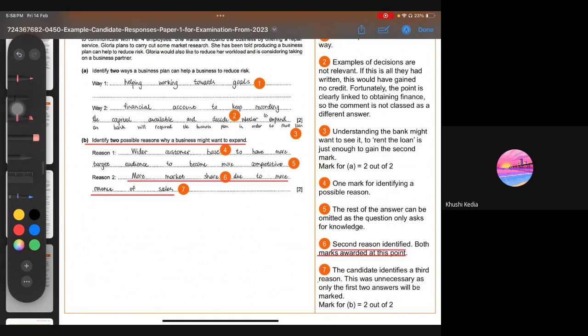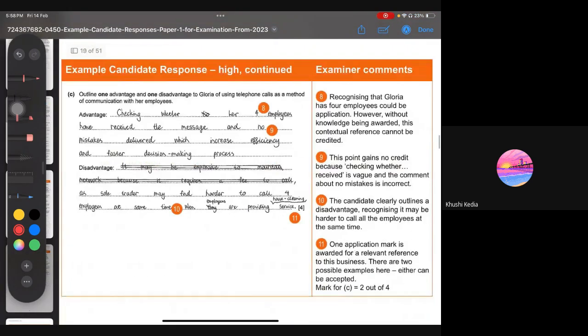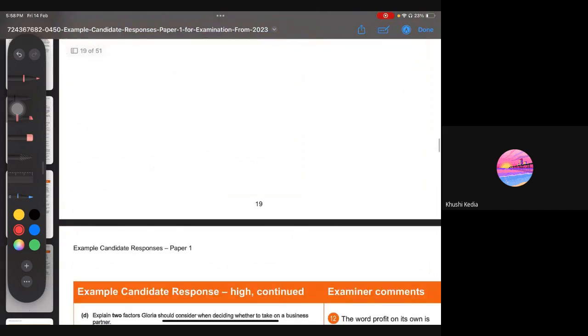But usually the examiner is going to read the first 2 points. If the second point is right, fine, 2 points are given, no need for the third one. That's why I said this was unnecessary as only the first two answers will be marked. Whether they are right or wrong, they will be marked, not the third one. So one thing that we were discussing is clear here. What else? The other thing.